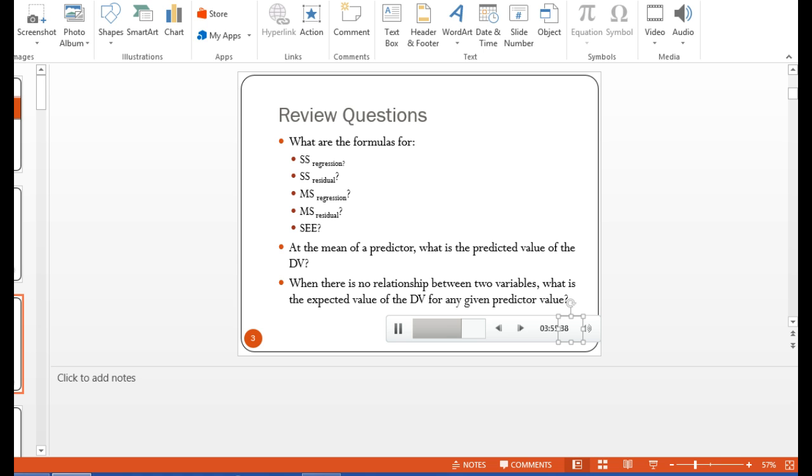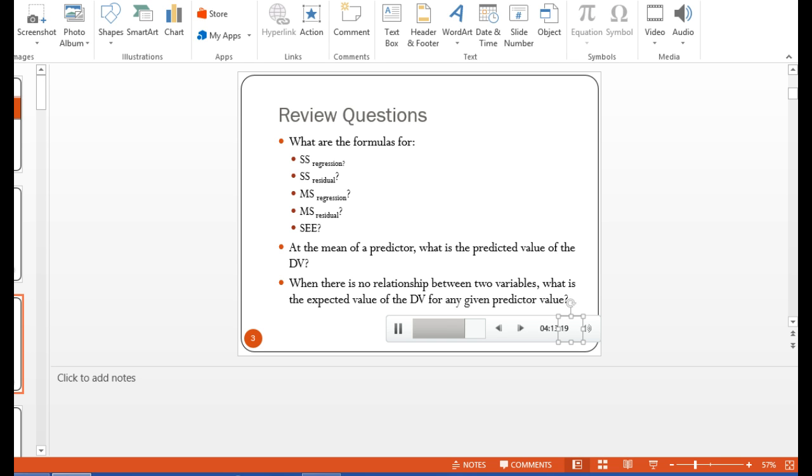MS residual, we divide that by the denominator df, and that is n, the total number of data points in our study, minus k, the number of predictors, minus 1. So we divide SS residual by n minus k minus 1.